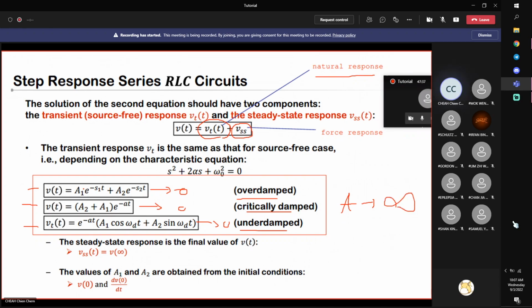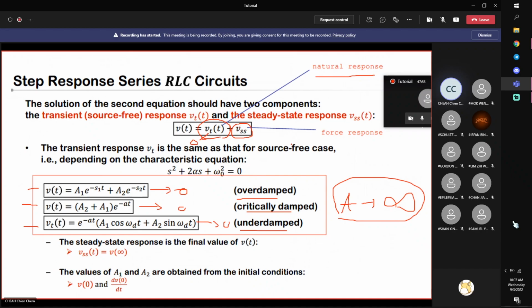All of them disappear. This all goes to 0 when t goes to infinity, meaning steady state. Eventually you come to a steady state value.